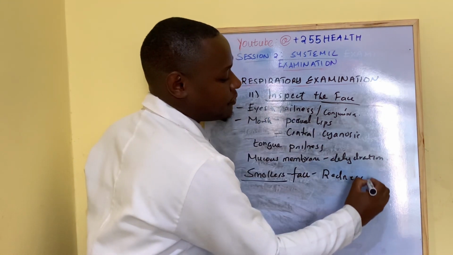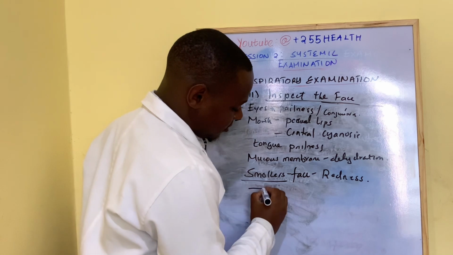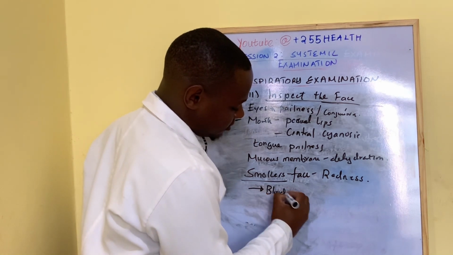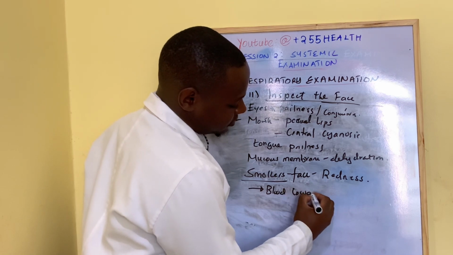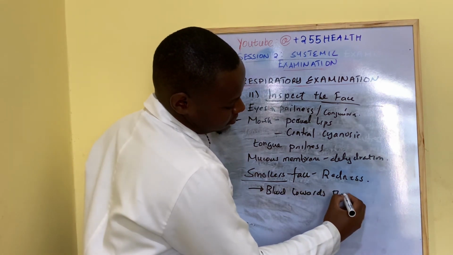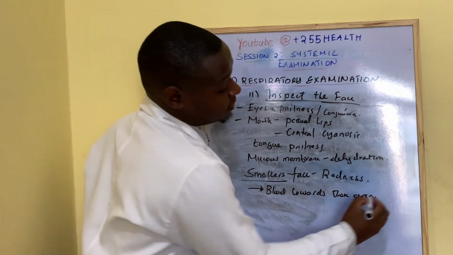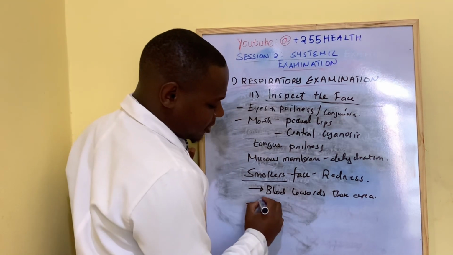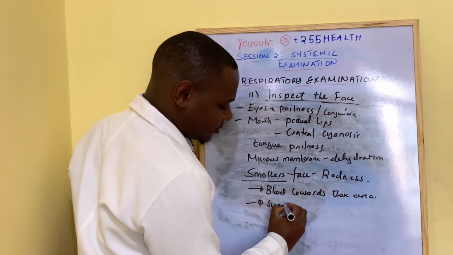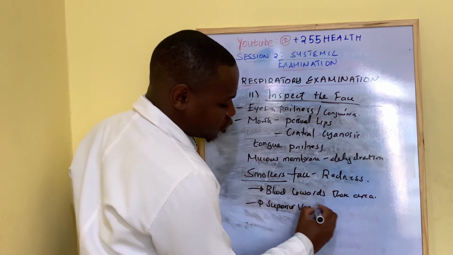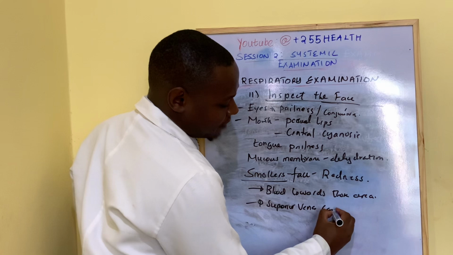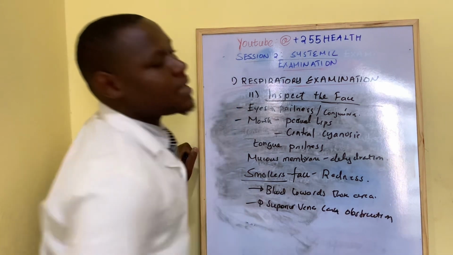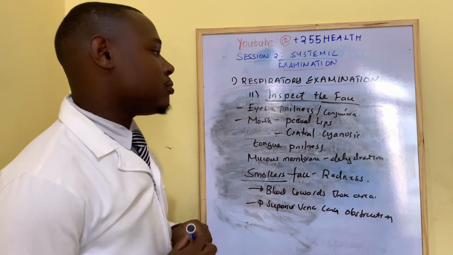This is due to an increase in the supply of blood towards those areas, so those areas are affected more. And then there are also some cases of superior vena cava obstruction, where redness can also be shown. So these are the things that you're also supposed to pick up.